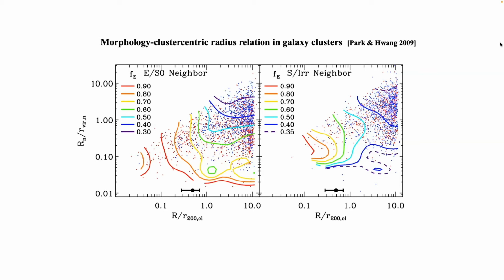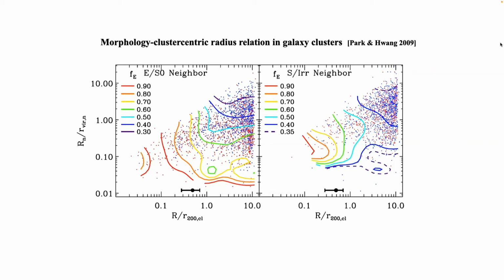So there is no local density morphology relation. I think everybody is still educated that there is a morphology density relation, but there's a lot of density increase between 10 times the virial radius and 1 times the virial radius, and you can see there's no dependence.